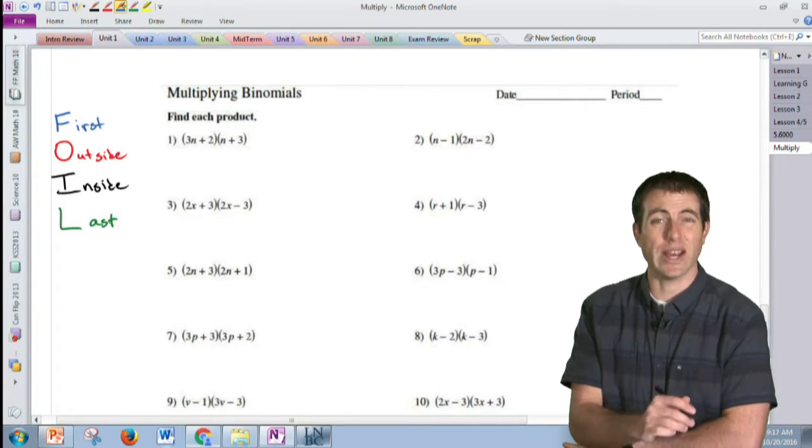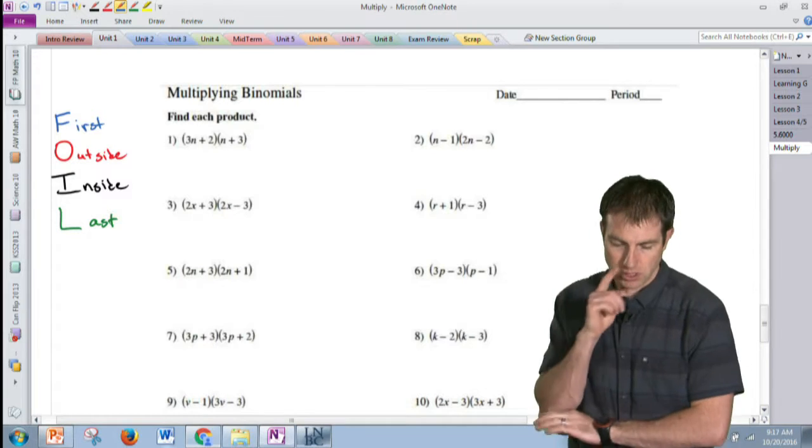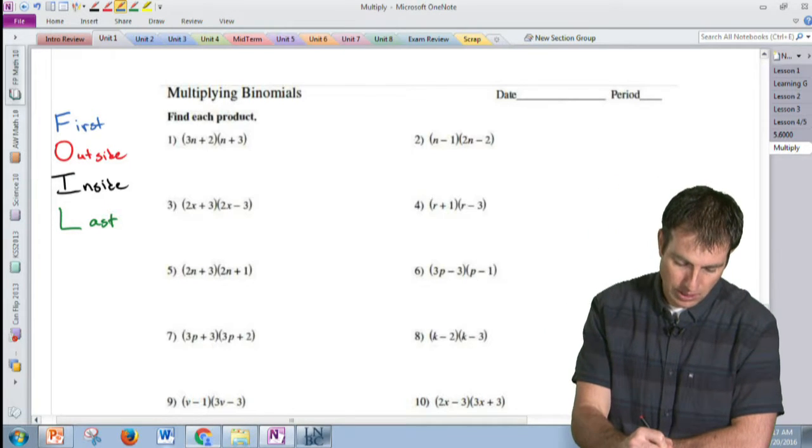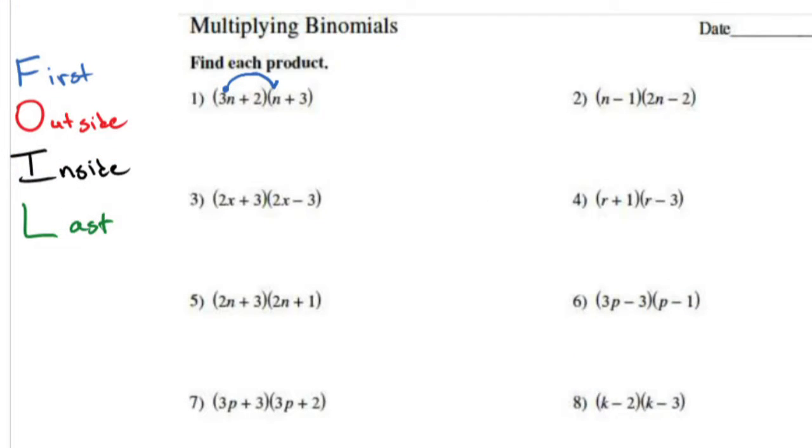So I'm going to just draw in arrows, and then I'll actually do the multiplication. So first means I take the first thing from this bracket, and I multiply it by the first thing in this bracket. Then the O for outside means I want to take the outside thing and multiply it by the outside thing here.